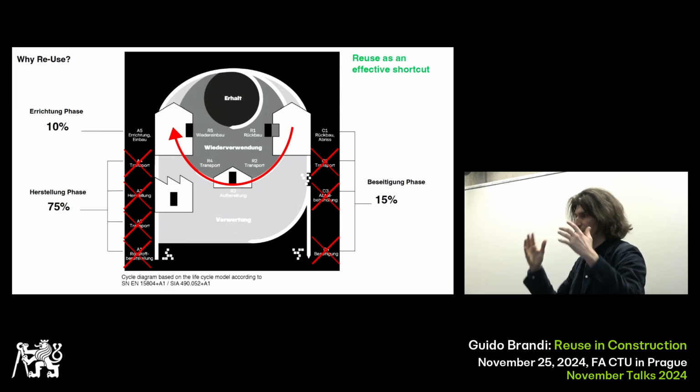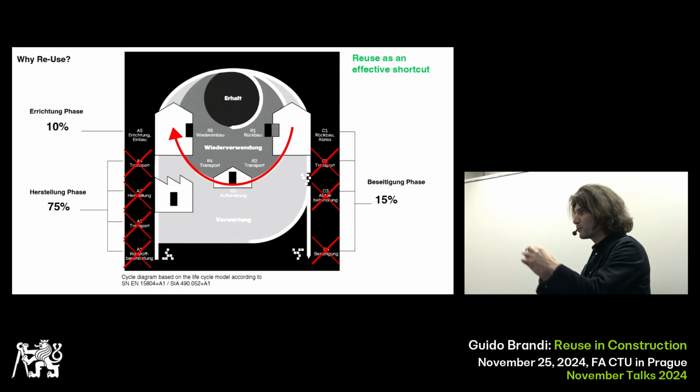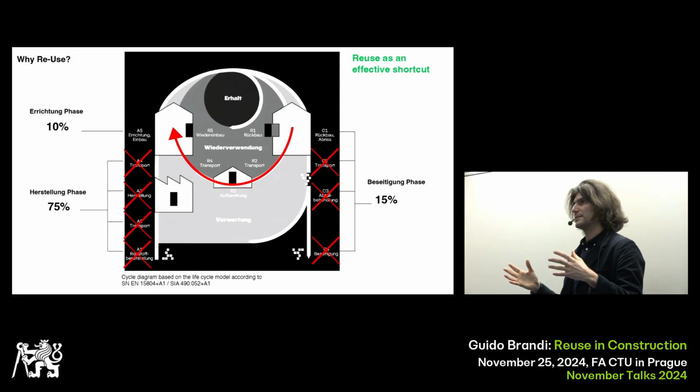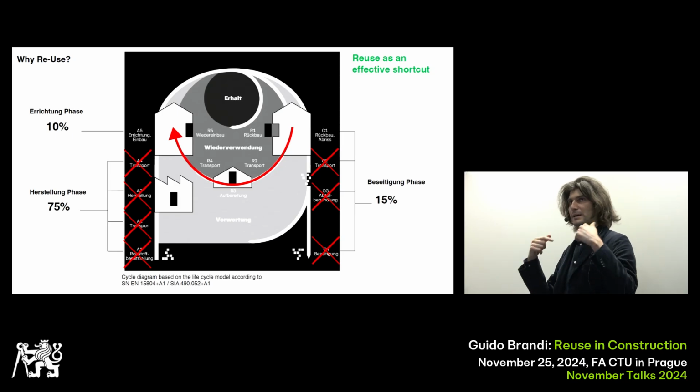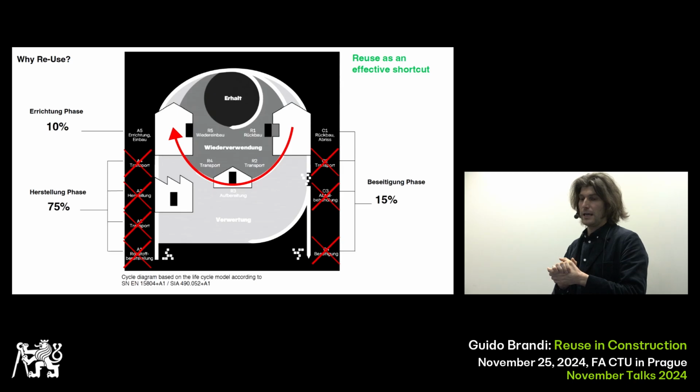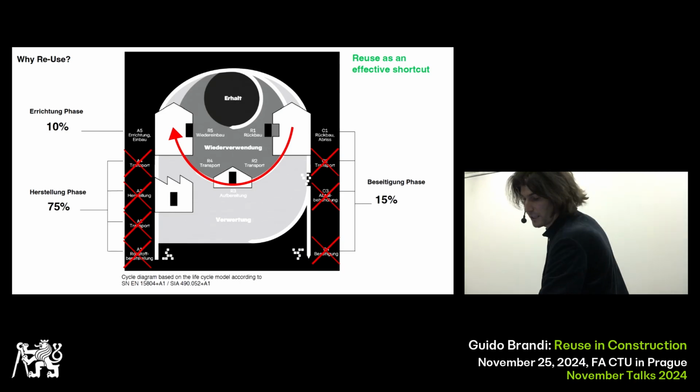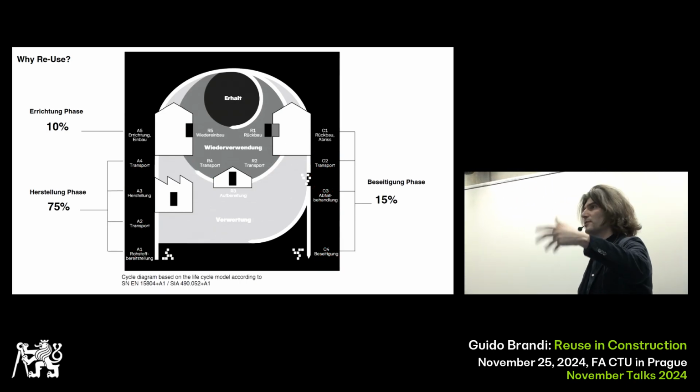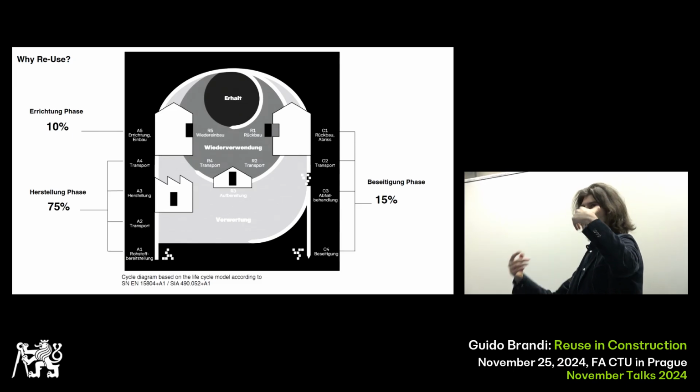And of course, this is theory, because we cannot directly save everything and reuse completely everything. It's still in theory, but this makes you think how effective the reuse of building components could be. And there is no such effective way, because, for example, in Switzerland there is also a lot of recycling industry.